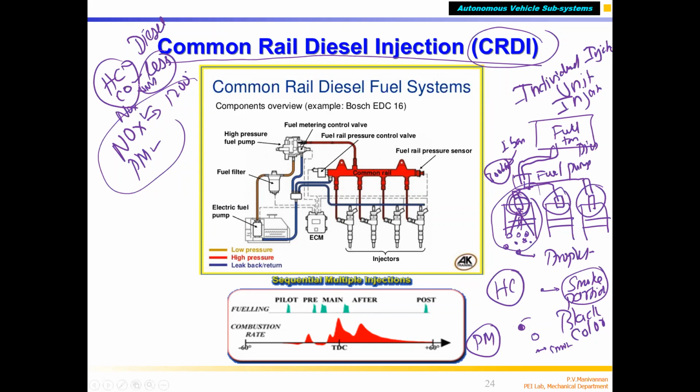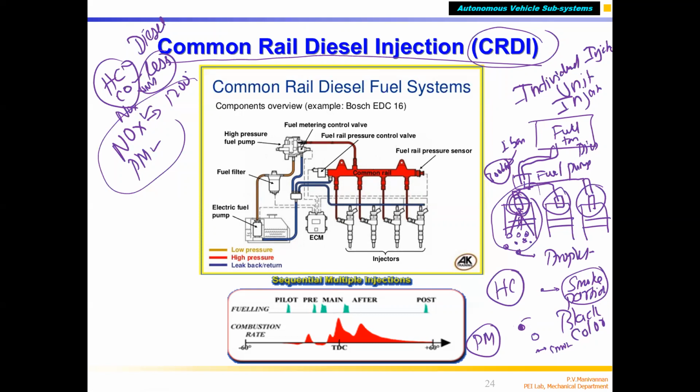So now, if we want to reduce the particulate matter, what do you have to do? You have to inject the diesel fuel at very high pressure so that the liquid diesel fuel becomes much smaller droplets.